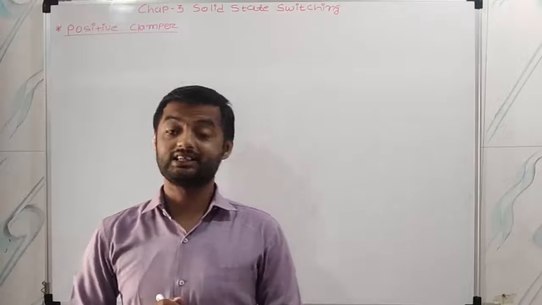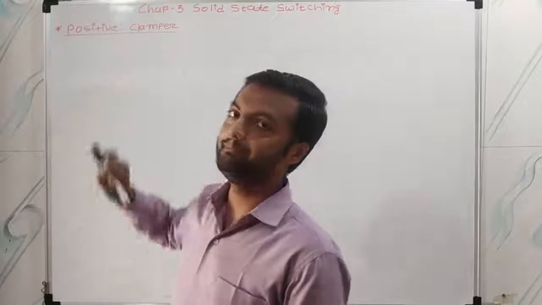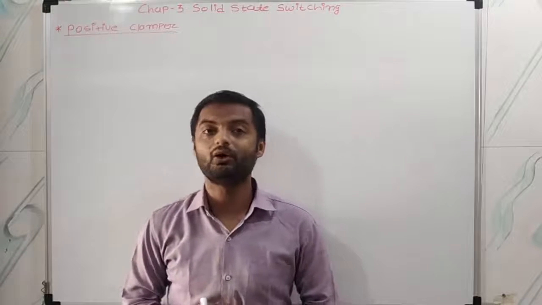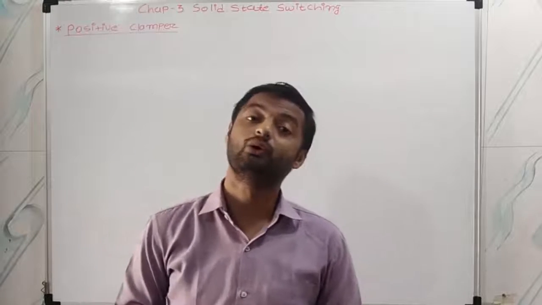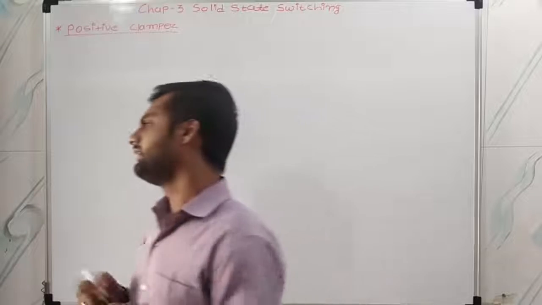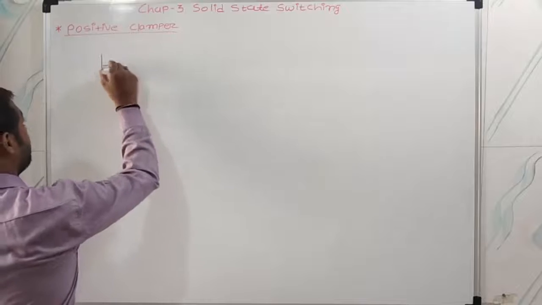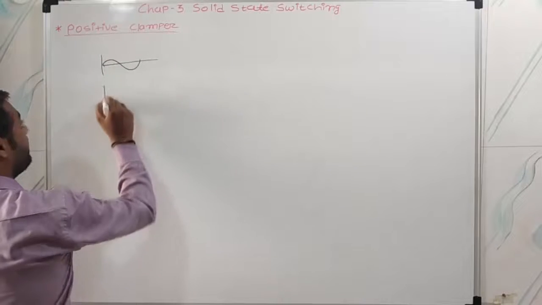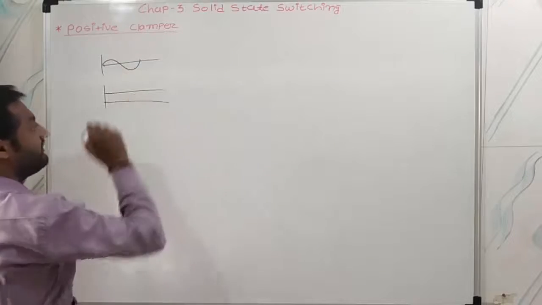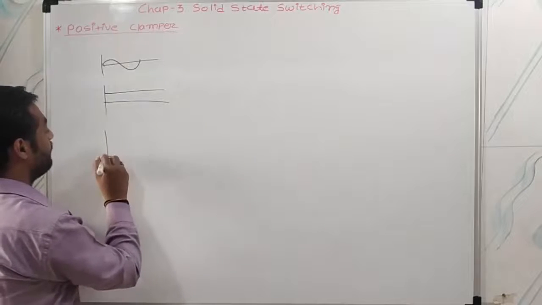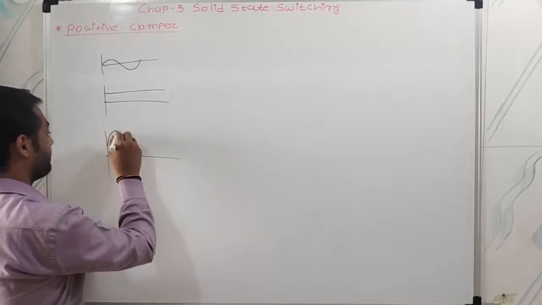So in the last lecture we started the clamper circuit, right? And I have told you the basic operation of those clamper circuits. Whenever there is an input and we add some DC supply to it, the output will shift like this.